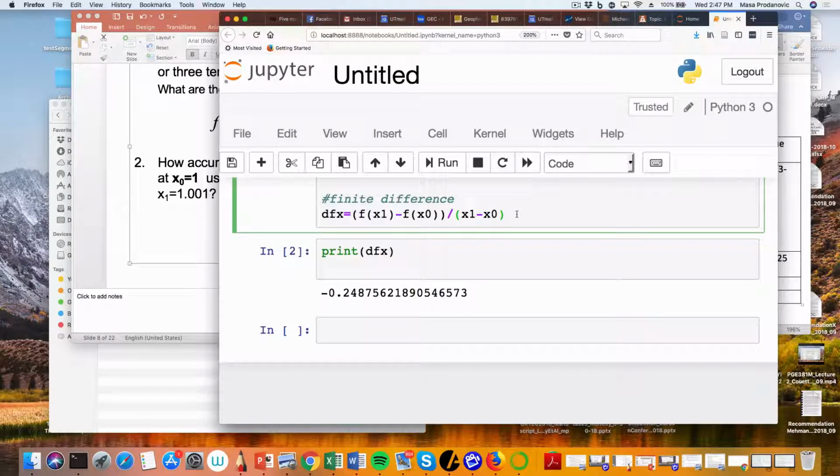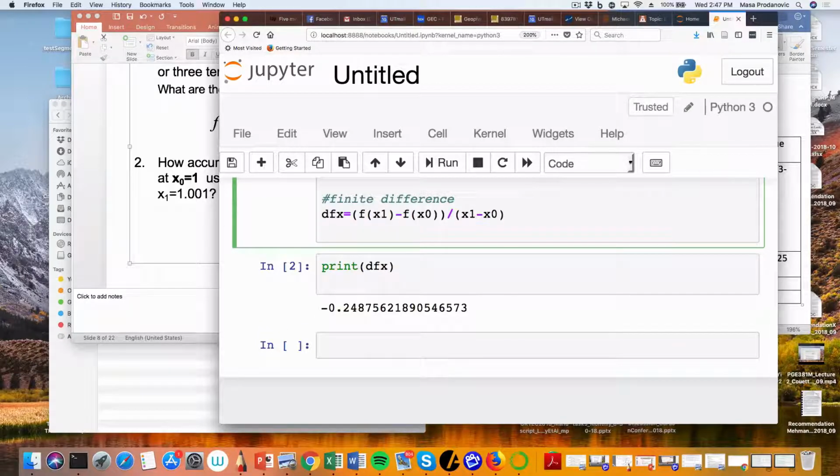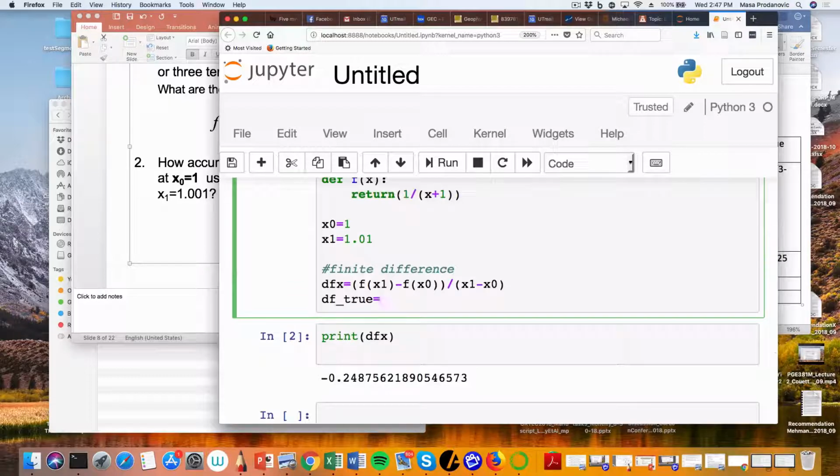What is my actual value? df true. What is my true value of the derivative for this particular function? It's analytically defined.